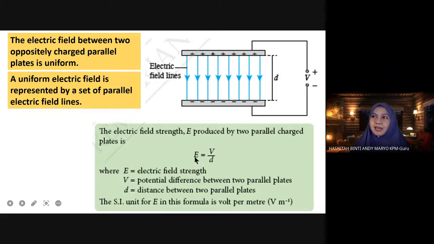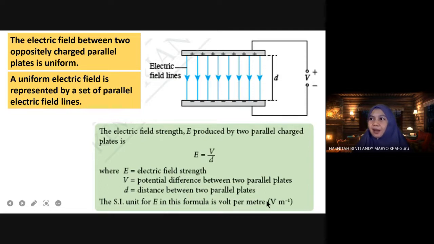E is the electric field strength. What is V? V is the potential difference between the two parallel plates. Why is there a potential difference? Because one is connected to the positive terminal and the other is connected to the negative terminal, so a potential difference exists between the two plates. And D is the distance between these two parallel plates.